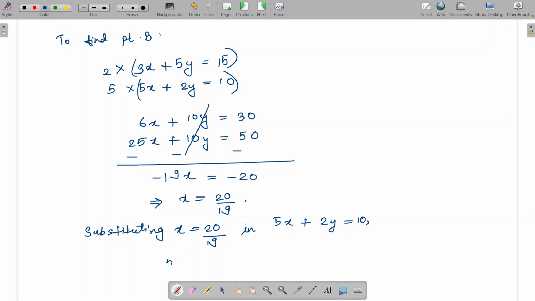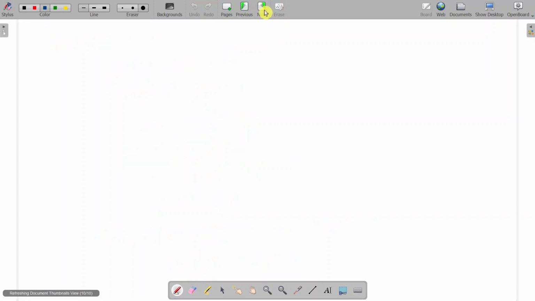So what we will get is 5 times 20 by 19 plus 2y equal to 10, which implies 100 by 19 plus 2y equal to 10.